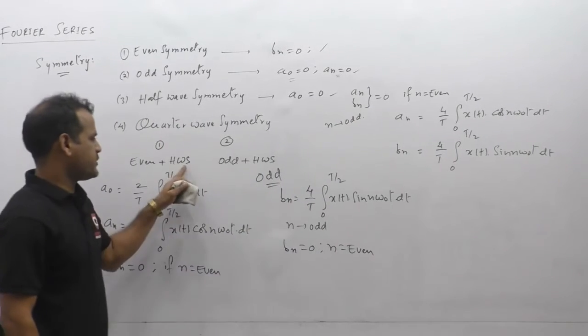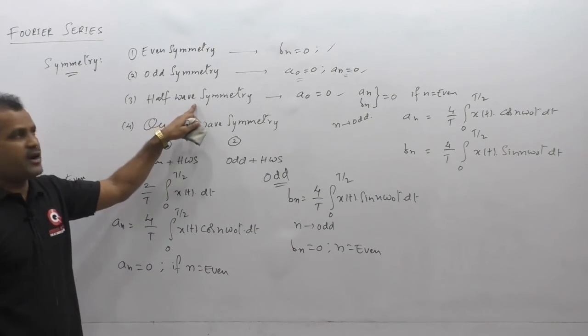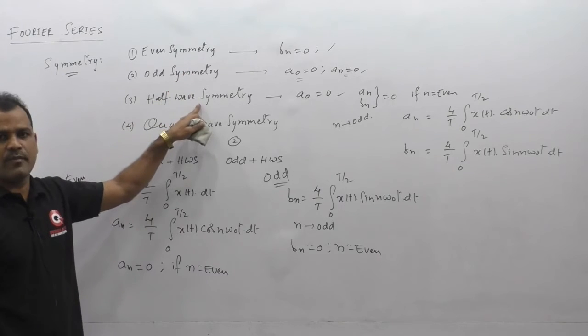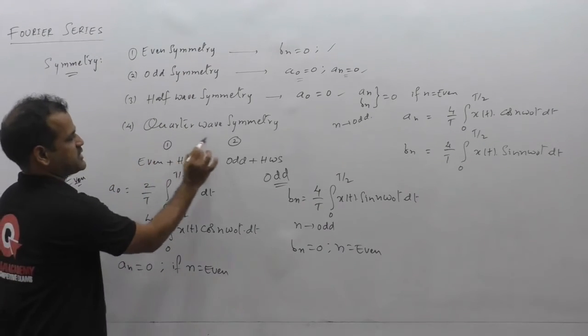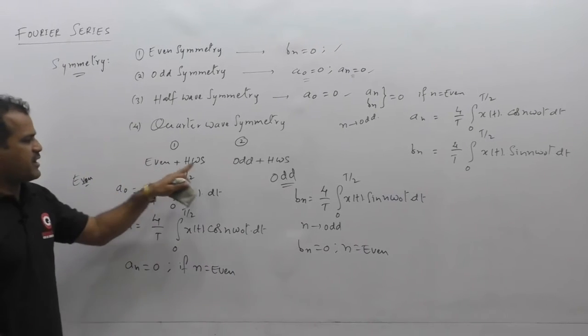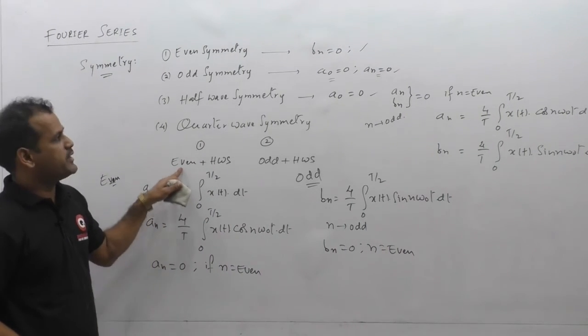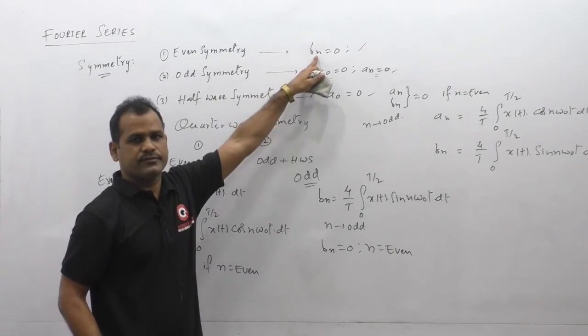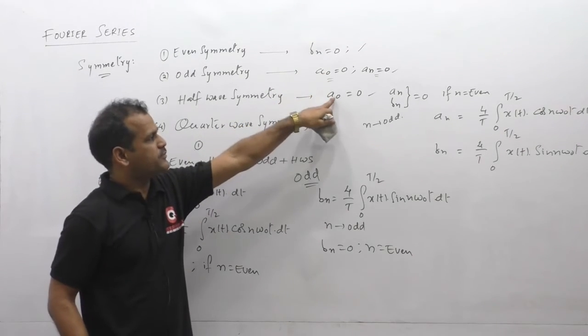And then quarter wave symmetry, if you observe, is either even and half wave symmetry or odd and half wave symmetry combination. So let us consider this quarter wave symmetry first and second case. If it is even and half wave symmetry, already it is even, meaning Bn coefficient 0, and half wave symmetry means A naught is 0.